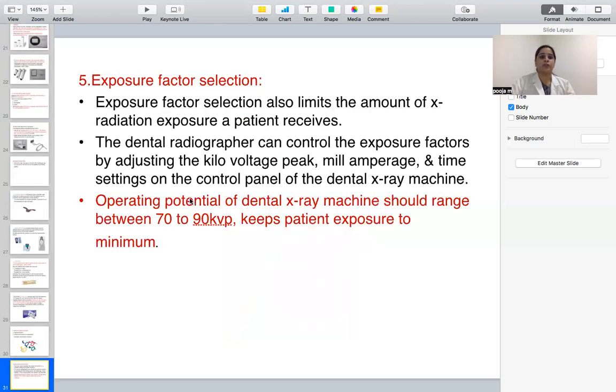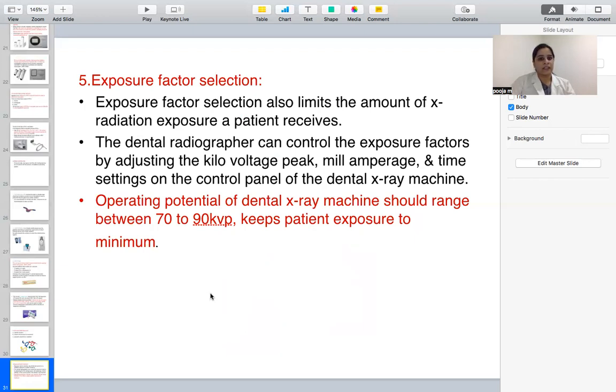Now coming to the exposure factor selection. It is always advised that the dental radiographer can control the exposure factor by adjusting the kVp and the time on the control panel. It is advised by the federal government that a dental X-ray machine should have an operating potential ranging between 70 to 90 kVp.